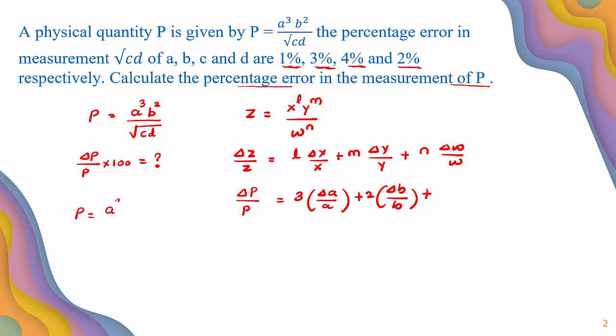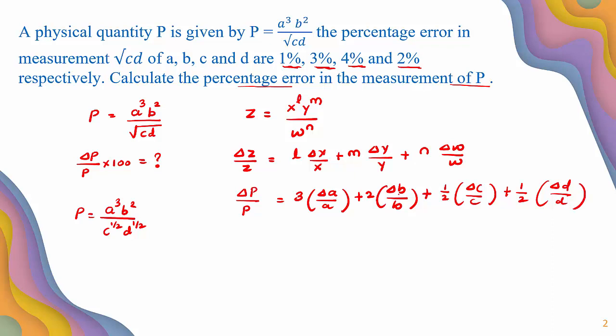Here you can observe A raised to 3, B raised to 2 divided by under root of C into D can be written as C raised to 1 by 2, D raised to 1 by 2. We can use the square root or we can use the power 1 by 2. Here I am going to write 1 by 2 into delta C over C plus 1 by 2 delta D over D. Is it clear?